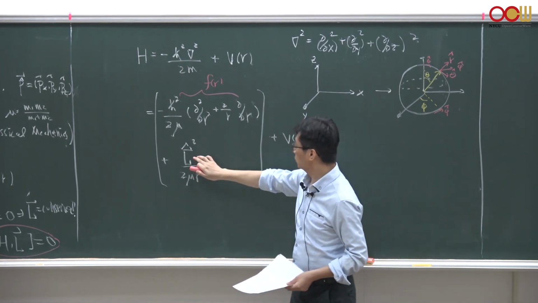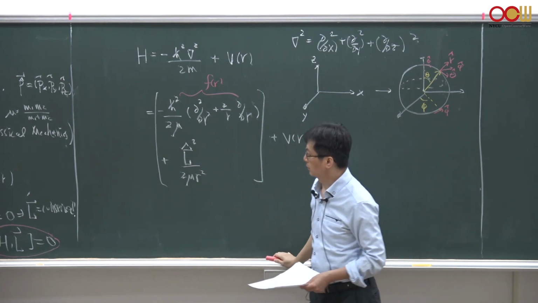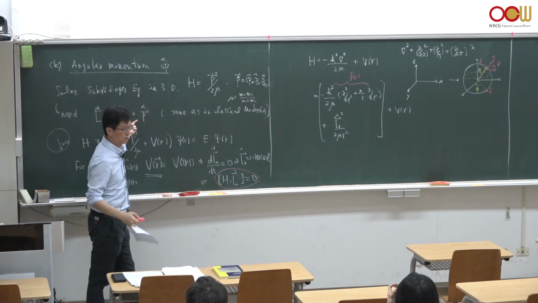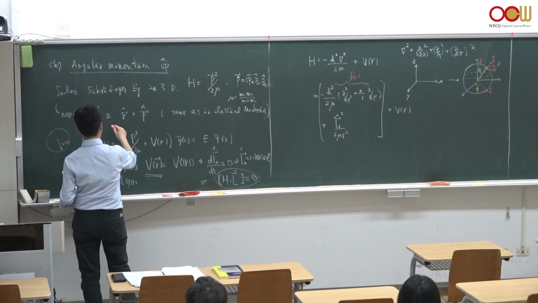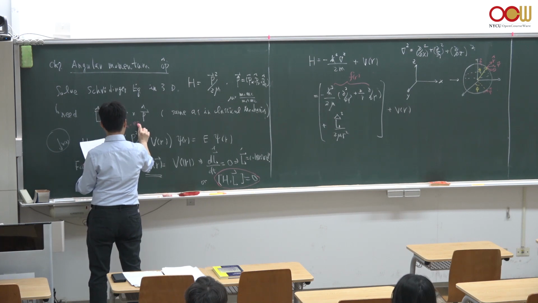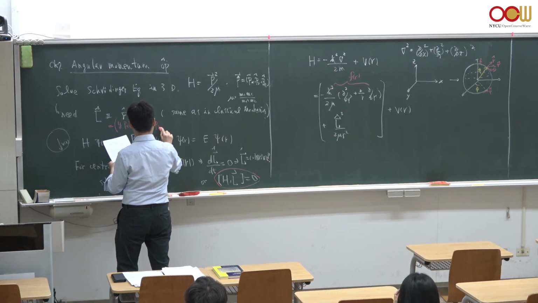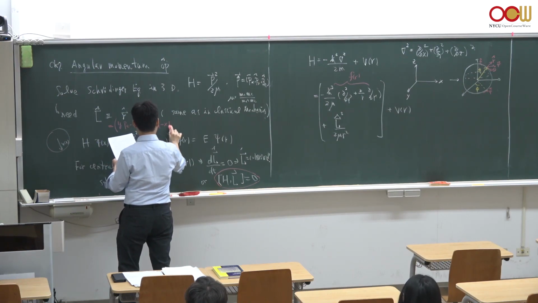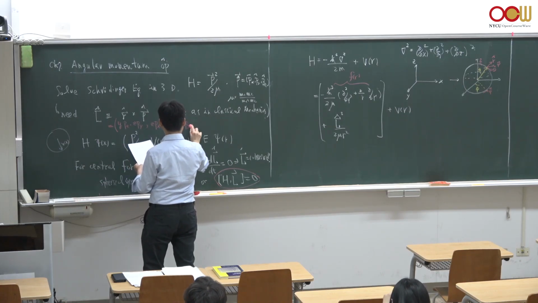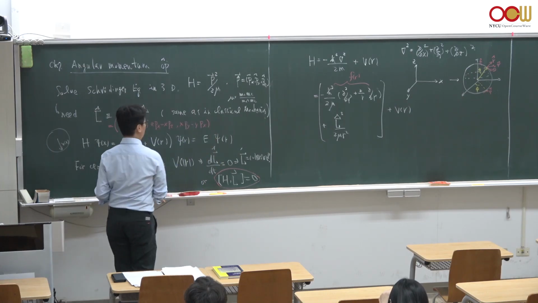All right, so we need to derive the spherical representation of the angular momentum operator, but we know that in the Cartesian representation, it is r cross p, which is (y pz minus z py), (z px minus x pz) and (x py minus y px).